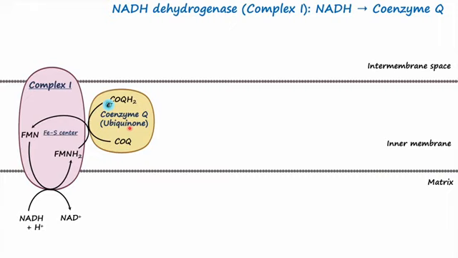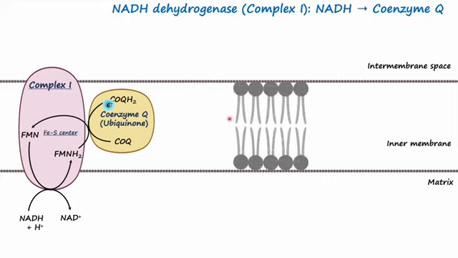Remember that electrons have a negative charge, and on their own they cannot move along the inner membrane. The membrane is made up of phospholipids, and the tails of the phospholipids are nonpolar, so they don't interact well with negatively charged electrons. So the electron has to be carried by a mobile electron carrier.